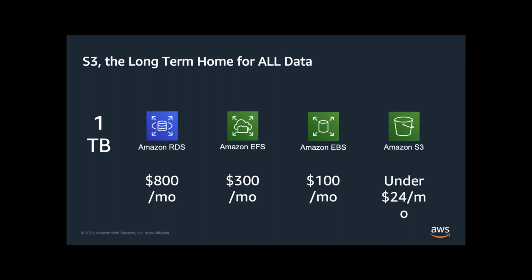So we wanted to highlight that up front because it becomes a very performant, durable, available solution that you can use while also optimizing for cost. And that's really important as we generate petabytes of data.